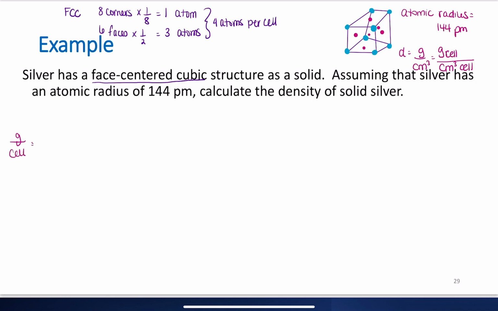Well, if I look at the table, silver has an atomic mass of 107.87 grams per mole. Avogadro tells me that for every 1 mole of silver, I have 6.022 times 10 to the 23rd silver atoms.